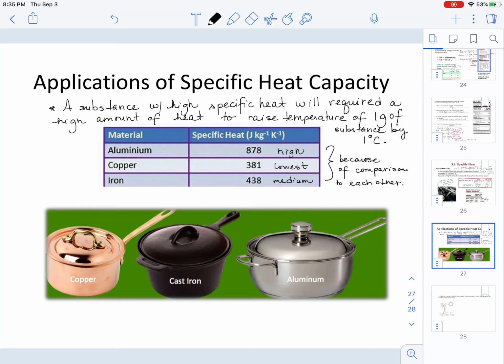So what does this mean? Let's say that, for example, each one of these pots has 100 grams of water. Let's assume that each one of these pots has the same mass. Let's say that we apply heat, the same amount, to each of them.